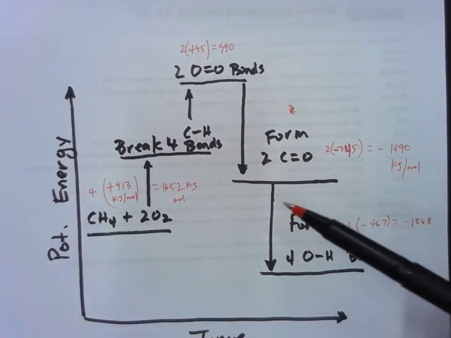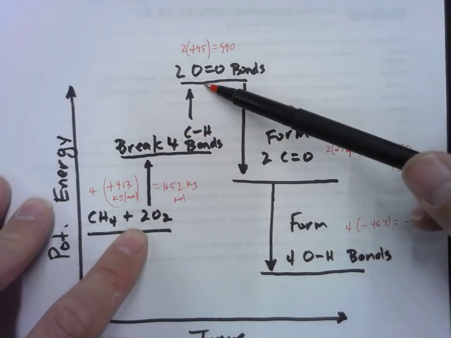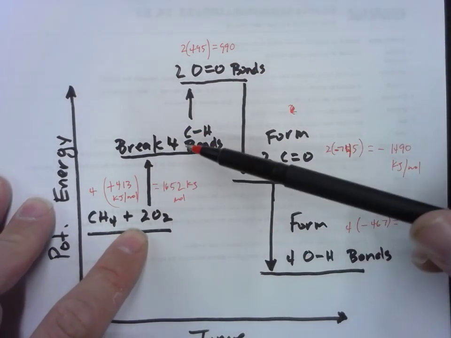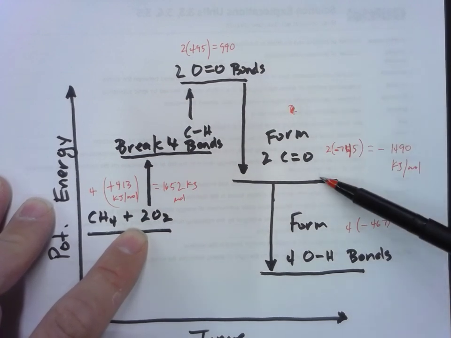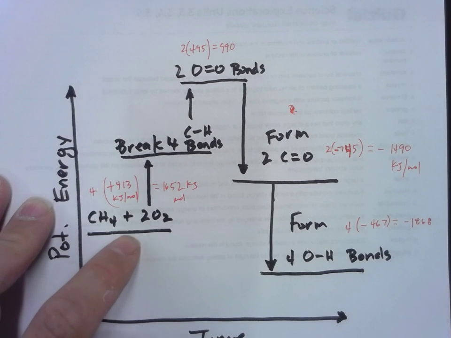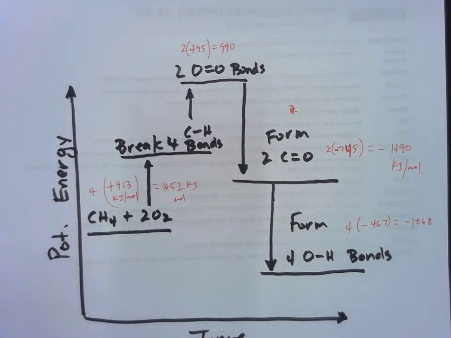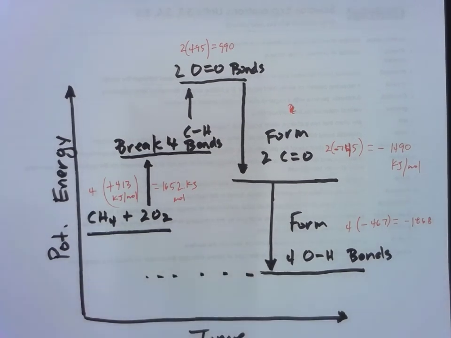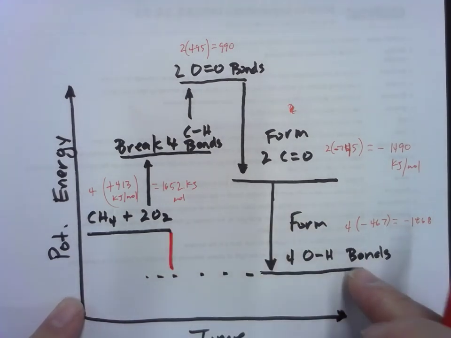So now let's just look. We put energy in to break these bonds, but the amount of energy that we put in to break the bonds is less than the amount of energy that's released when the new bonds form. As a result, on this graph you end up with this difference between this point and this point.